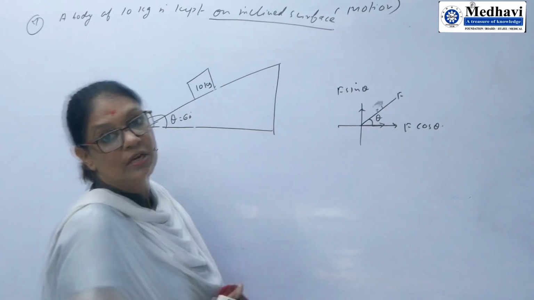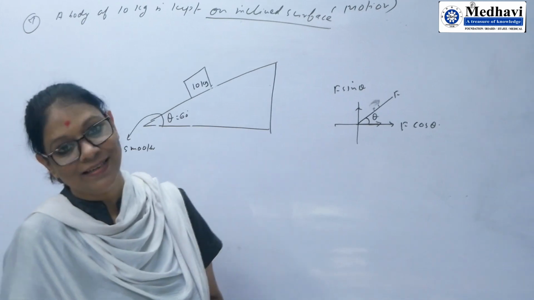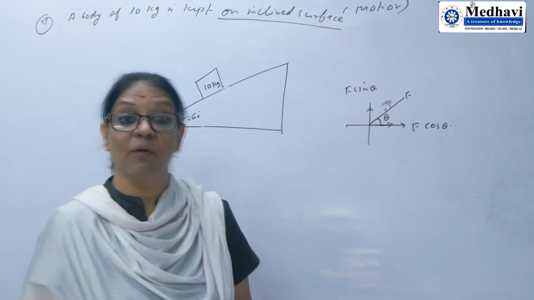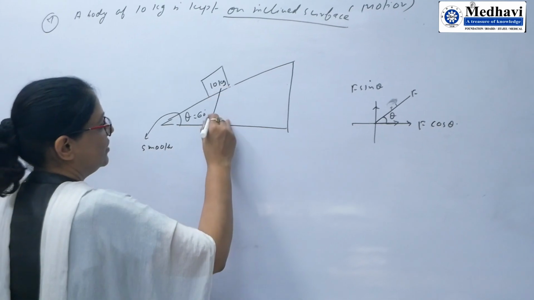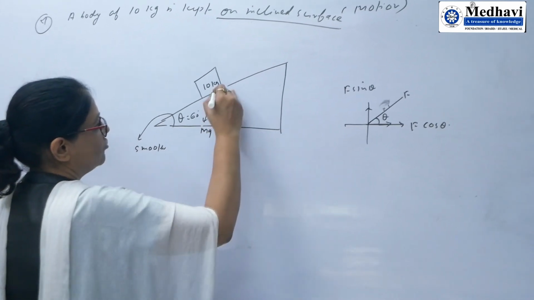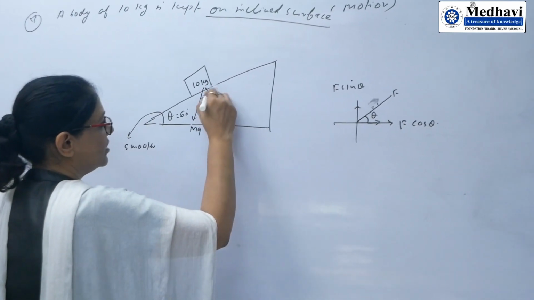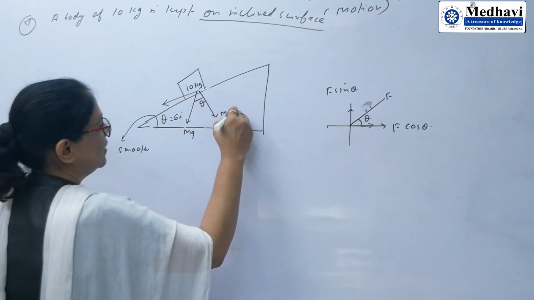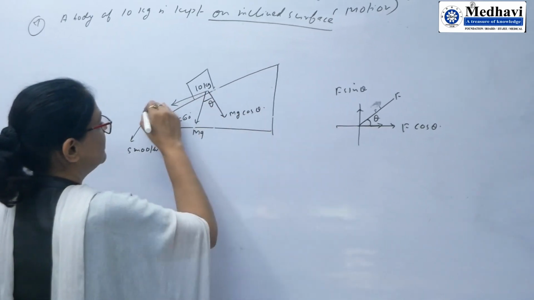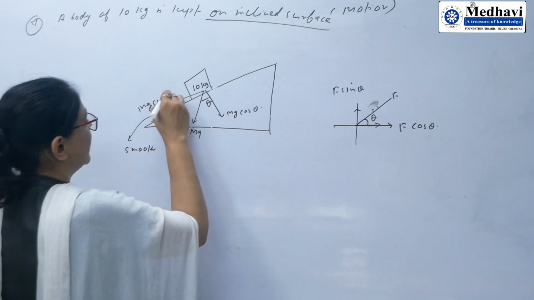That is called resolving of a given vector into two different components. So again here the same thing will happen. G will be like this, mg. We will resolve it into two directions. This will be mg cos theta and this will be mg sin theta.